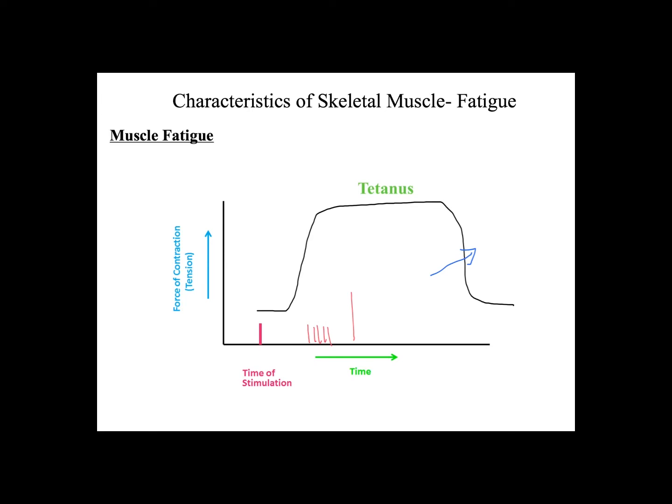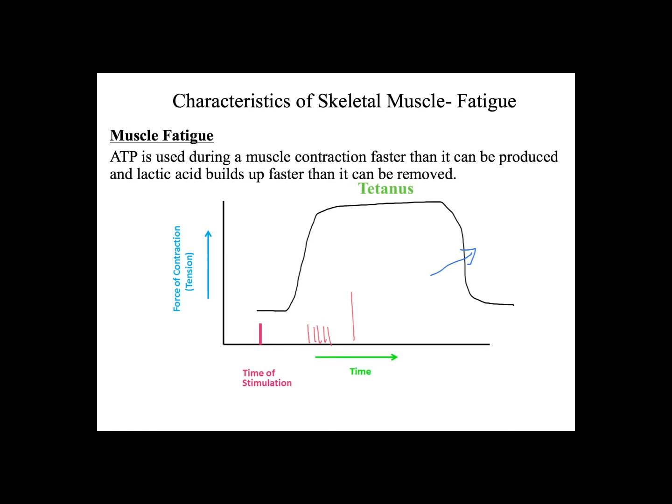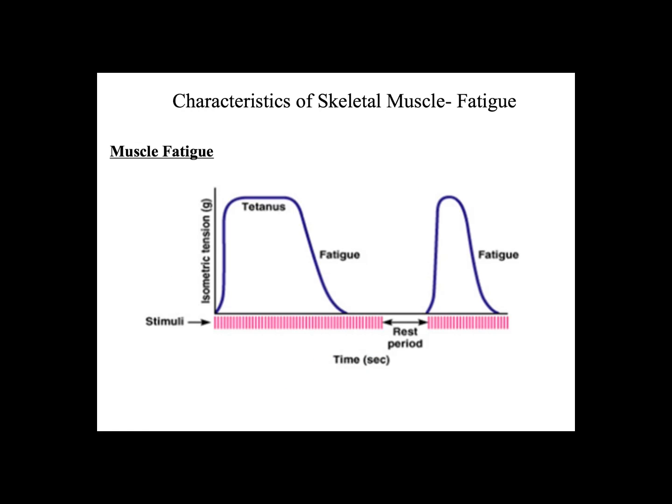This is known as muscle fatigue. And during muscle fatigue, ATP is used during a muscle contraction faster than it can be produced, and lactic acid builds up faster than it can be removed. So taking another look at a graph, here we have an increase in frequency of stimulus, and this generates a maximum force of contraction called tetanus, which results in fatigue, which is the depletion of ATP.